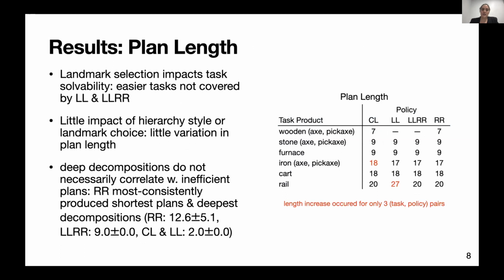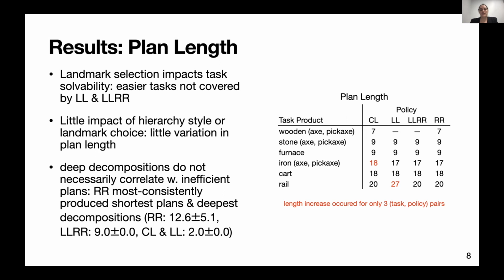We find that generally landmark selection can impact task solvability because the easier tasks are not covered by the LL and LLRR policies, but CL and RR are able to solve tasks of every type. However, as you can see, across the policies for a given task, there is rarely variation in the plan length.